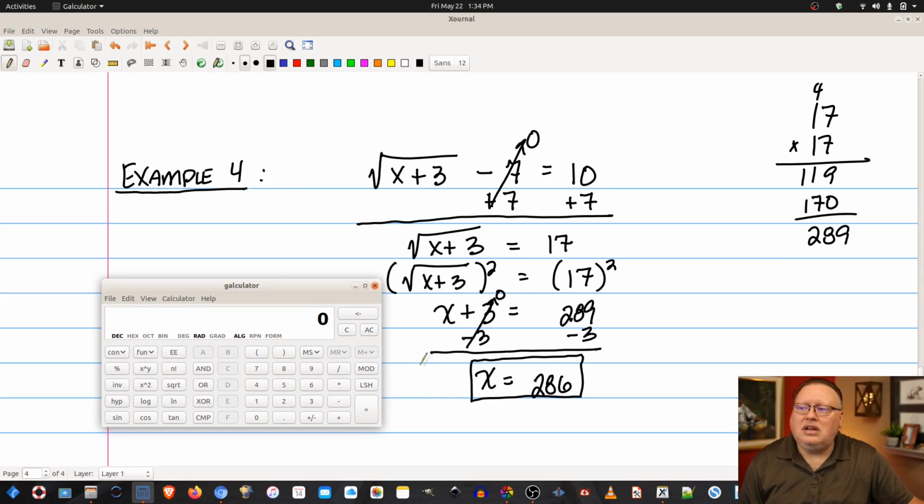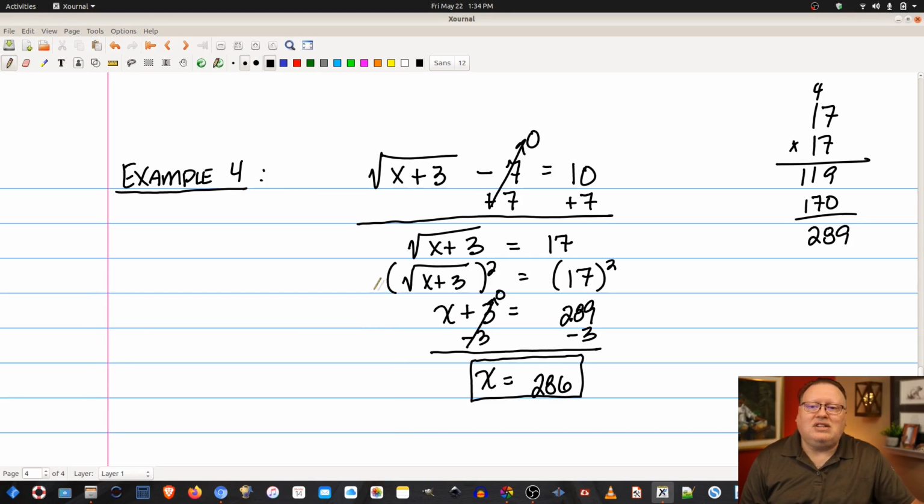And we're going to take this 286. We're going to add 3 to it and get 289. Then we're going to square root that, which is right here. And then minus 7 is equal to 10. So again, x equals 286 is a valid solution. Okay? So that works good.